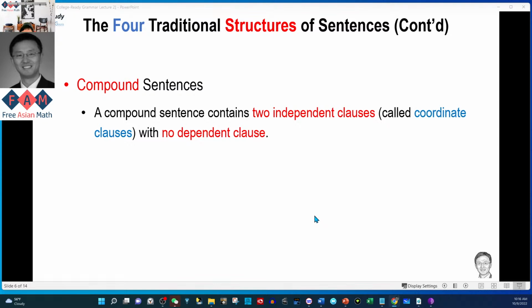That's exactly why we want to use another term, clause, because in this case, it's still one sentence. Overall, it's a compound sentence, but it's made of two independent clauses. What do we mean by that? They are peers to each other. The two are just equal to each other in terms of their status.